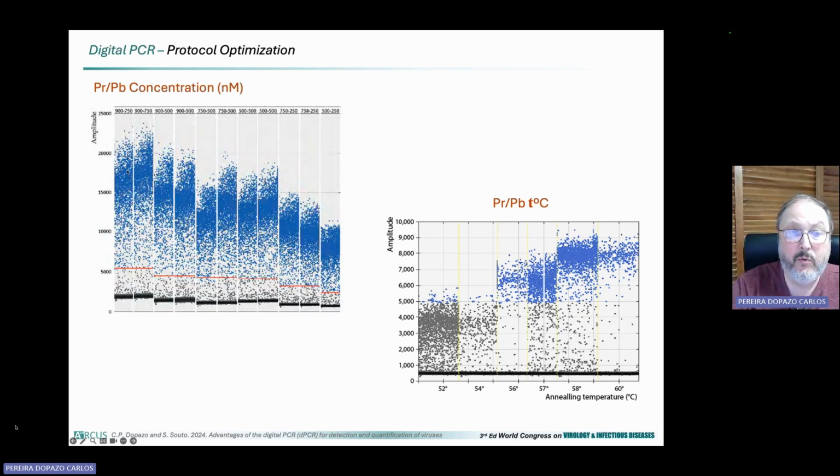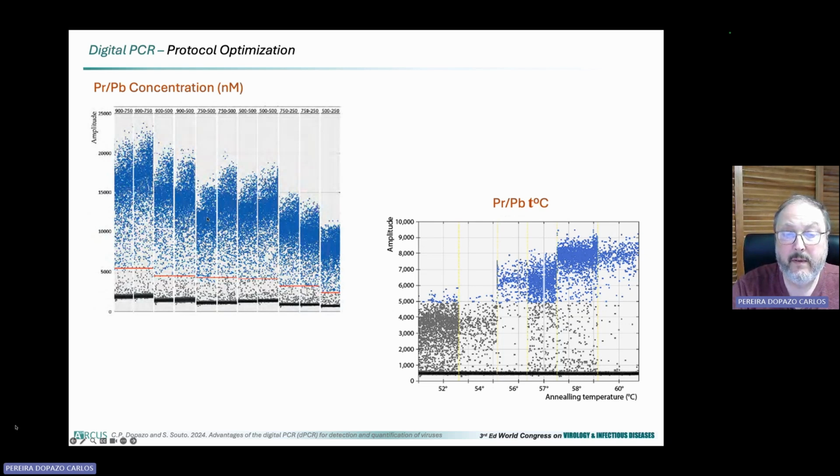And we need to select those conditions where we have the highest difference between the positives and the negatives, the highest distance, and the less rain, which means drops with lower fluorescence coming down until the level of fluorescence of the negatives.